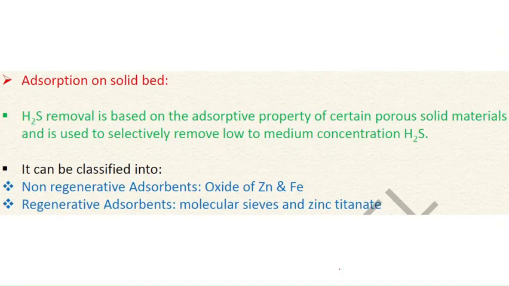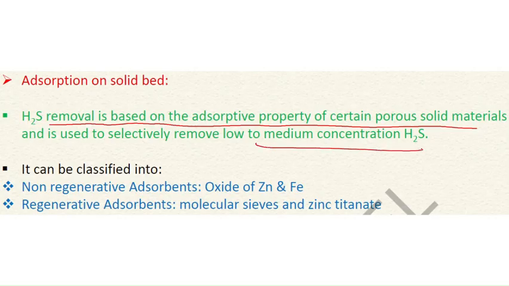Coming on to the second procedure, which is the adsorption procedure. Here, H2S removal is done on the adsorptive property of certain porous solid materials, and is used to selectively remove low to medium concentration of hydrogen sulfide. So mainly here porous solid materials are used. Basically, adsorbents are used.